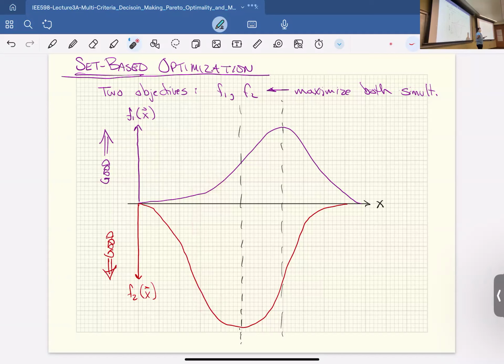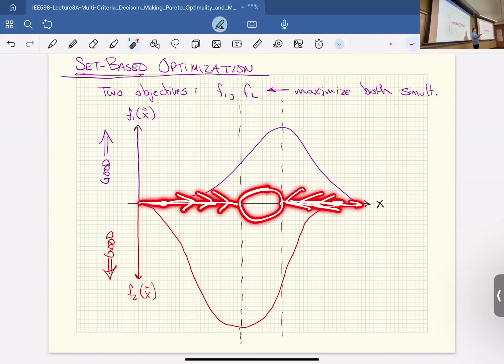When you have multiple objectives, if you are at a point and you've got multiple ways to evaluate that point, and there is a movement direction that improves all of your objectives simultaneously, we call that a Pareto improvement. So any of these points have a Pareto improvement in that direction.